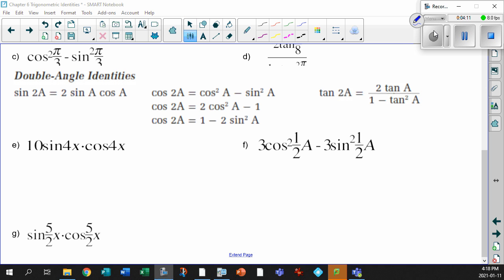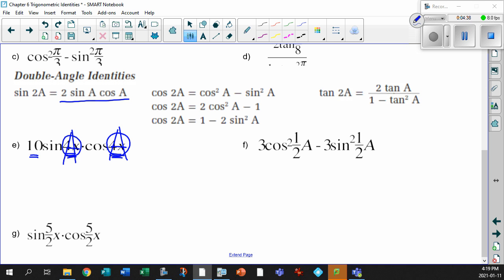This one's kind of tricky because if you notice, this says 10, this says 4x, that says 4x. Uh-oh, I got a problem here, don't I? Yeah, how does this look like anything? Well, surprisingly enough, it's actually this one. I'll prove it to you. Watch. If I take this 4x and this 4x, since they're the same, I'm just going to call it A.